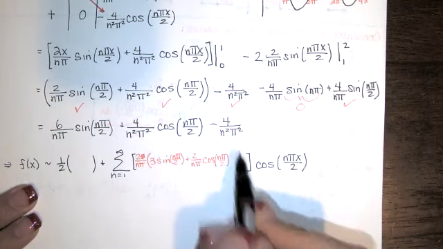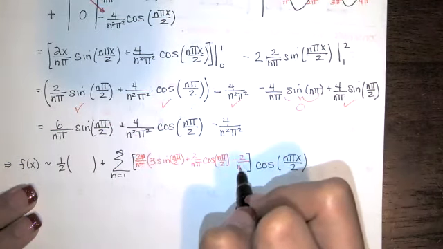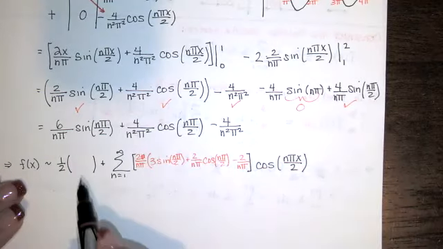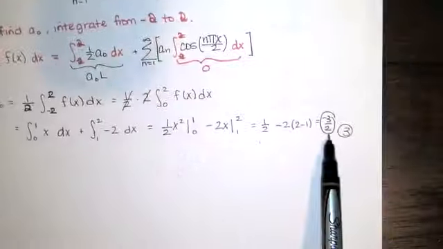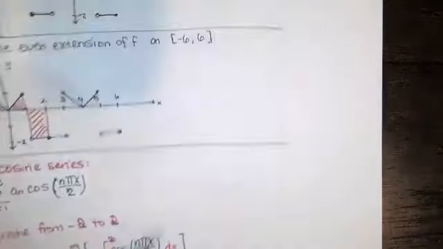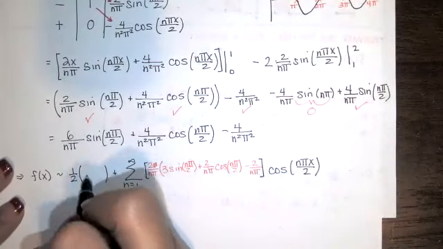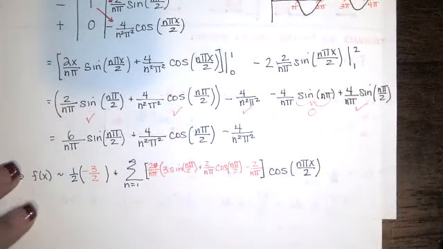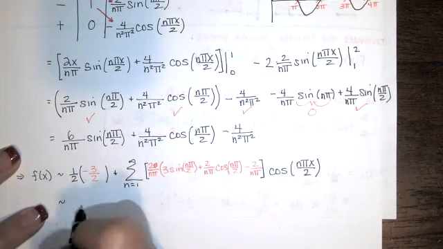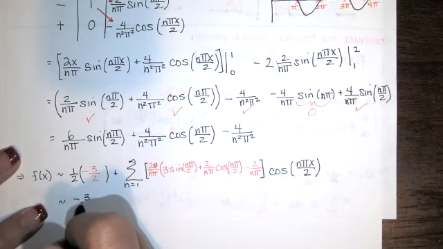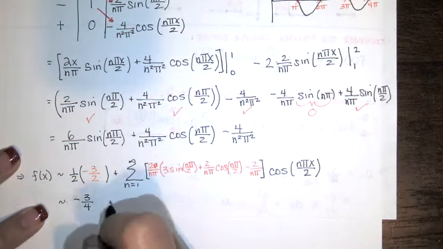And if I factor that out from this last one, I have that. And my a sub 0, or a naught, if you prefer, was negative 3 over 2. So the Fourier cosine series for f is given by this.